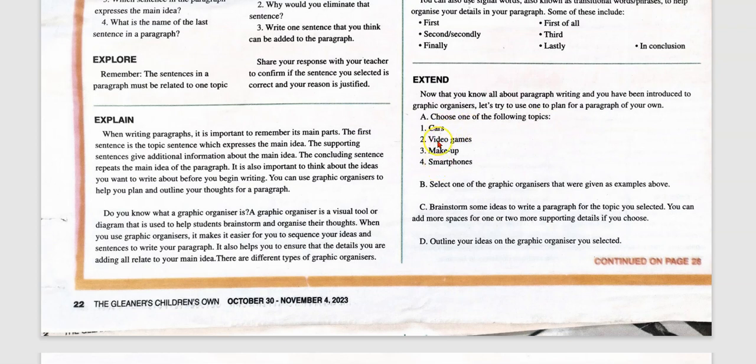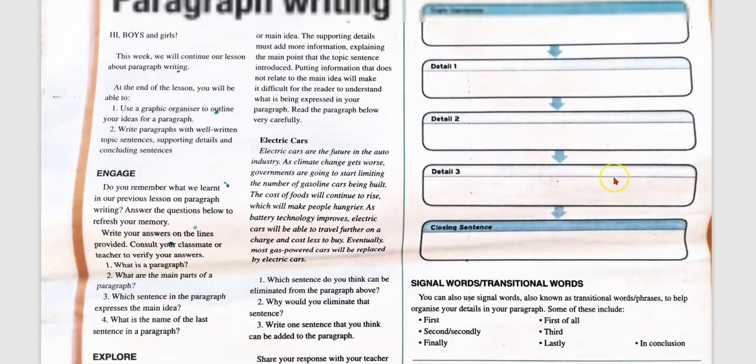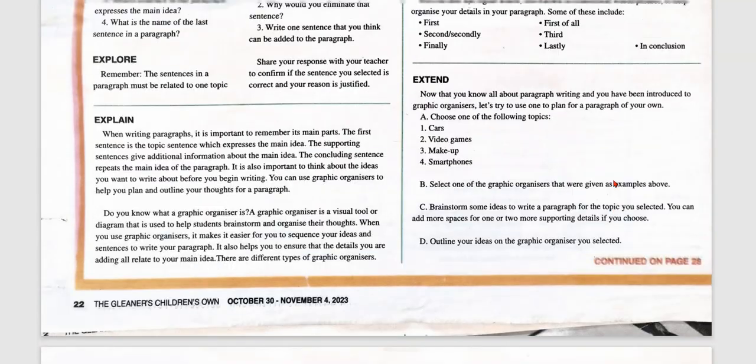This is a list of topics here, and you choose one. B. Select one of the graphic organizers that were given as examples above. Well, they only gave one. But of course, we have the concept web, the T-chart, the one with the herringbone, all of that.